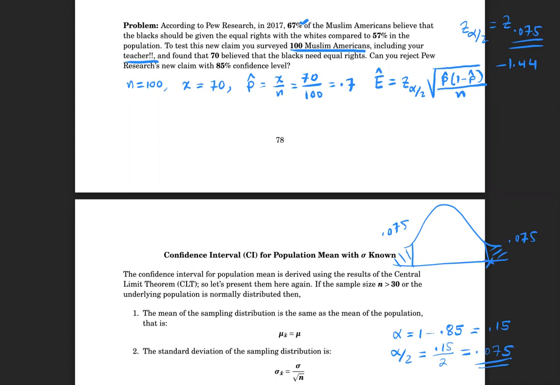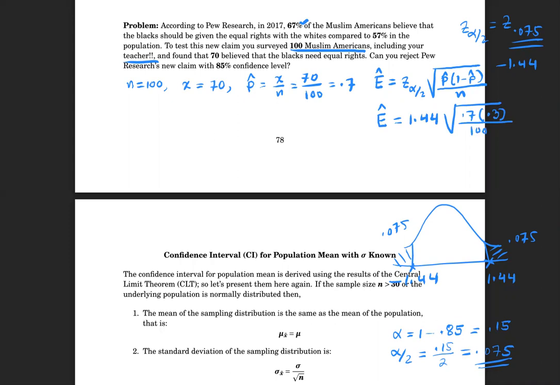And my table says this is going to be 1.44, which sounds right. Negative 1.44, right? So we just plug in these values here. E hat is equal to 1.44 times the square root of 0.7 times 1 minus 0.7, which is 0.3, divided by 100. N is 100.